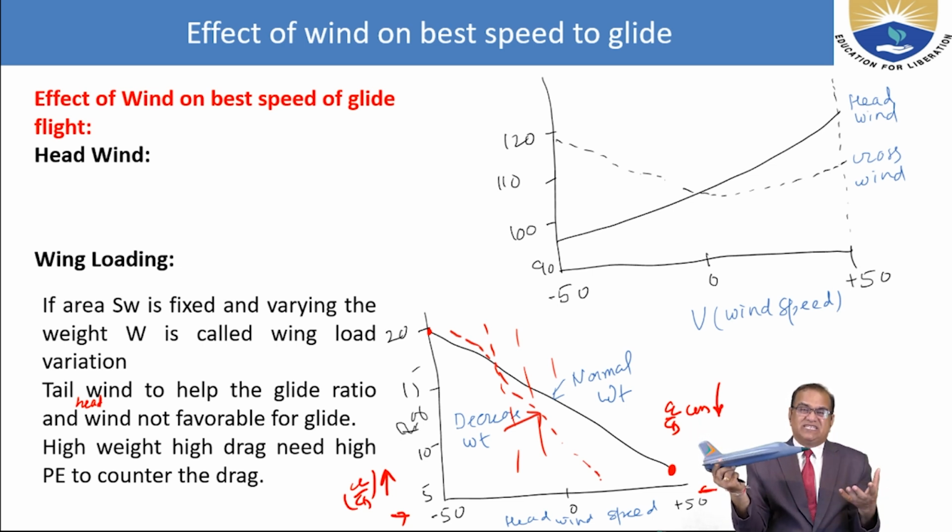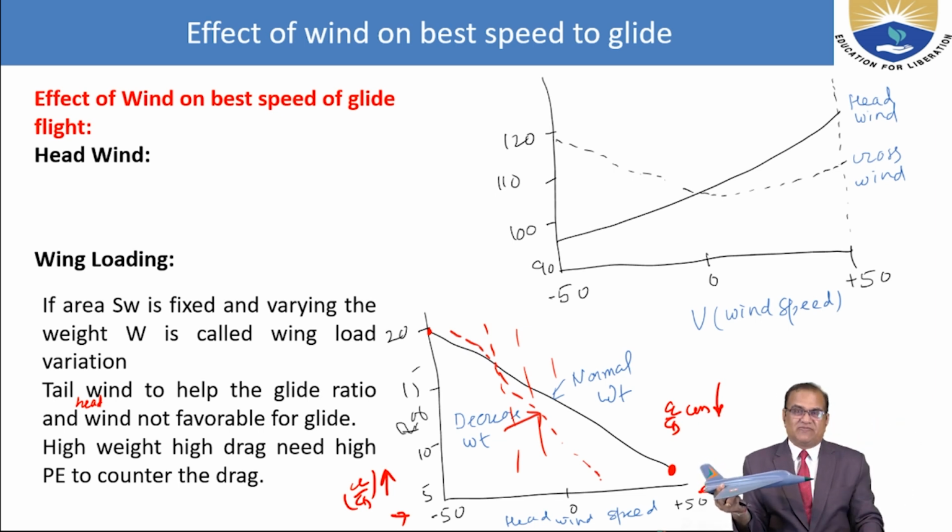Tailwind is increasing the glide ratio, and in case the engine has failed, the pilot has to fly the aircraft in a tailwind. Try to fly in a tailwind, and the maximum distance will be covered. As and when he sees some place where he can land safely, there he will land. So here we have shown that RG, that is the glide ratio of the aircraft, depends upon the headwind and the tailwind.